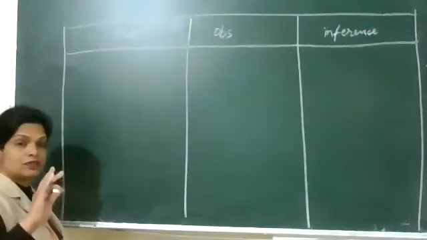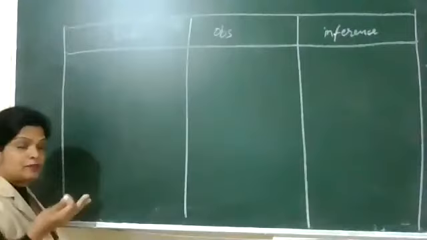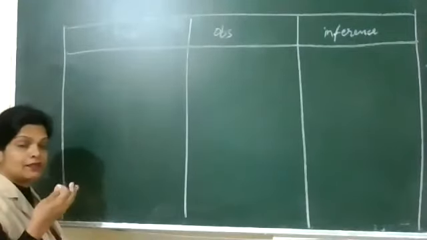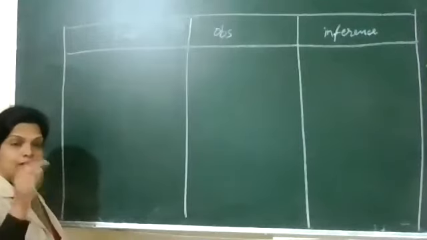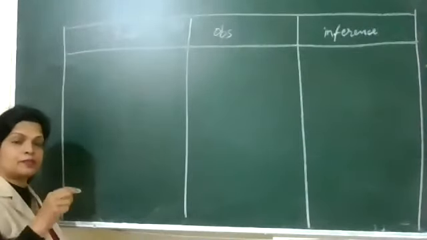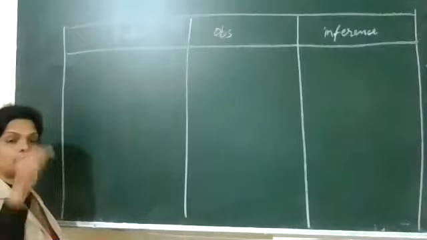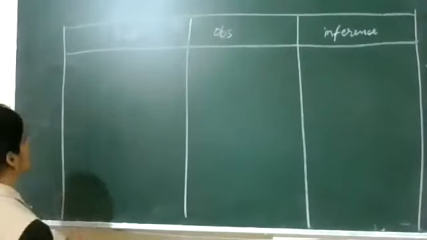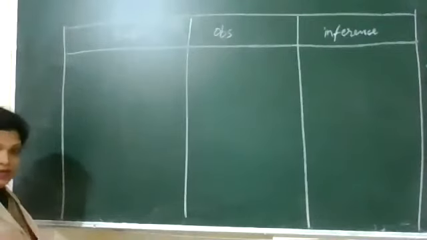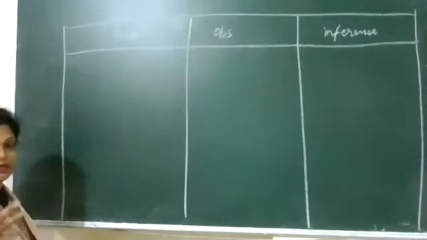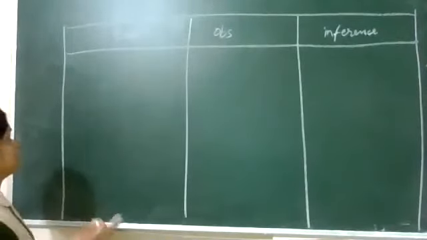And one is sulfite, that means you will be getting a pungent smelling gas which turns potassium dichromate paper green. Potassium dichromate paper means you take a filter paper, dip it in potassium dichromate and show it on the test. Then, if you are getting reddish brown fumes, nitrite. If you are getting a vinegar-like smell, then acetate.